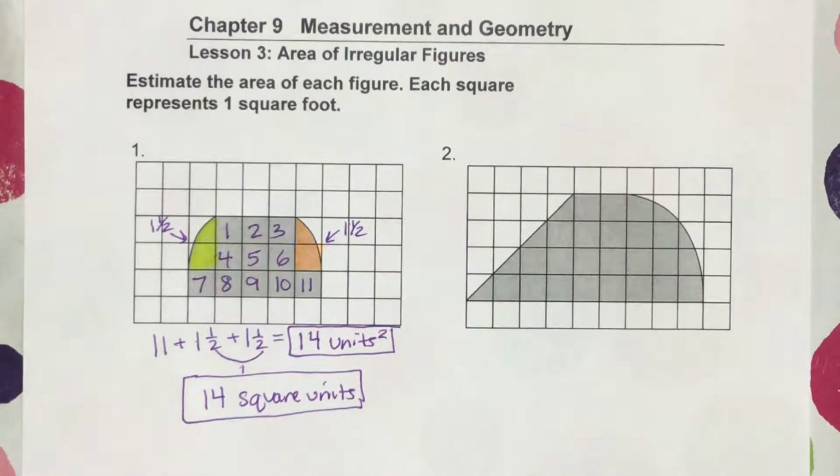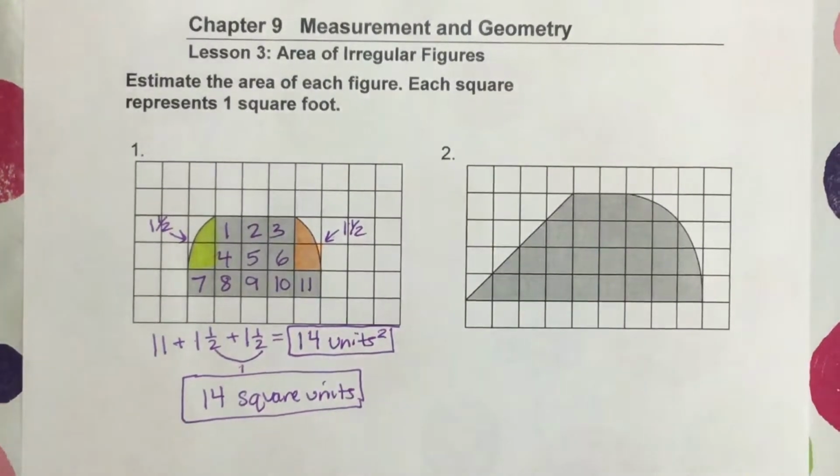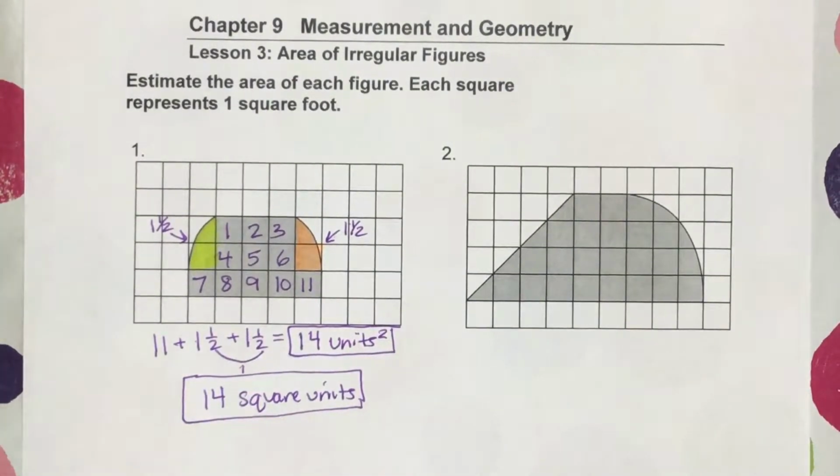Okay, so if you got that one right, wonderful job. Okay, let's go on to problem 2. So the first thing we're going to do with problem 2 is count up the squares that are full squares, okay?